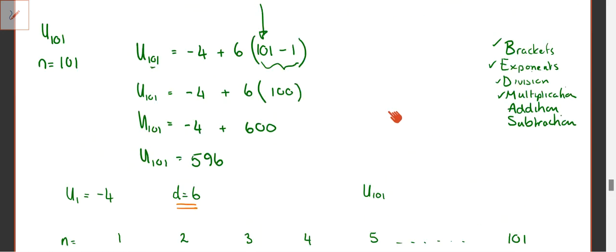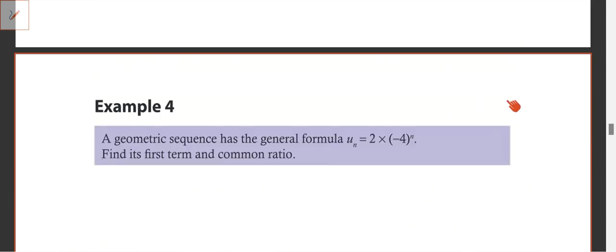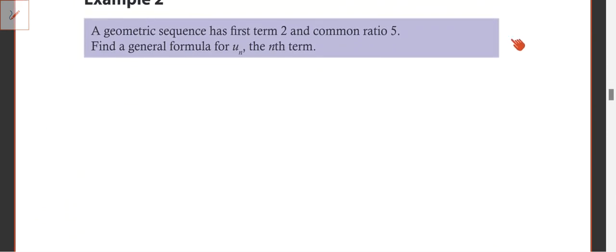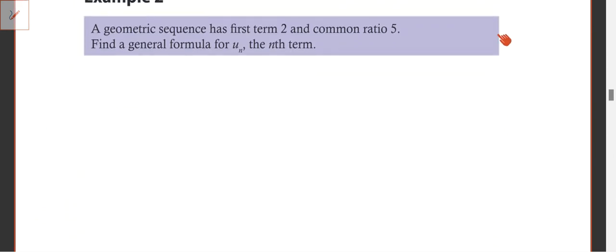Alright, let's go back to the sheet we had. So remember we've got these examples, which we started with. Looking back at your notes, what's the difference between an arithmetic sequence and a geometric sequence? The number changes.